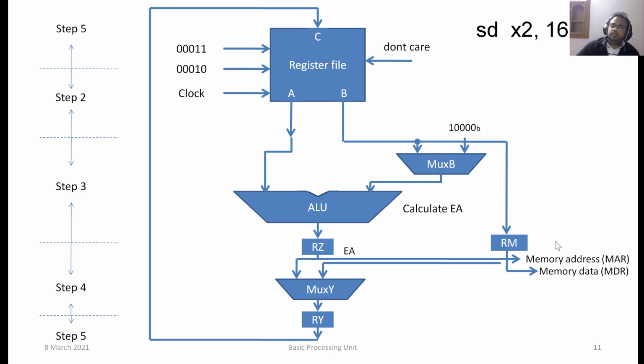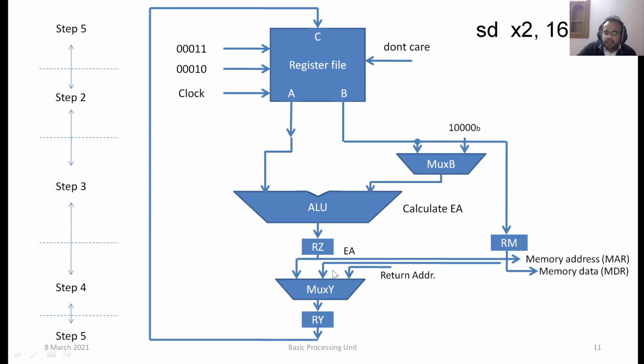So the memory is expected to consume this address and data, right? And let's assume that it gives us an acknowledgement saying that the store is done, and by the end of step 4 the operation is done, and there is nothing specific that we do for store instructions in step 5, right?